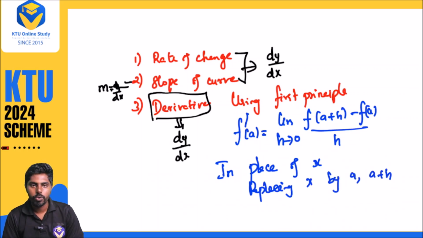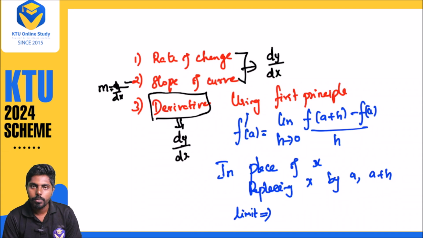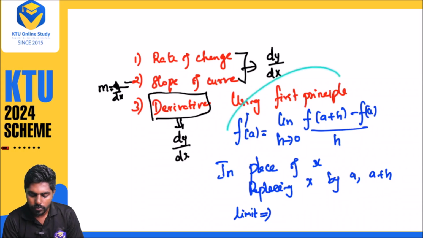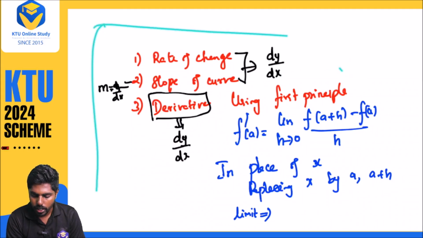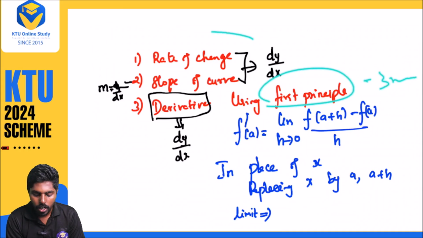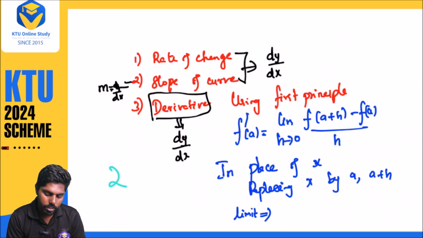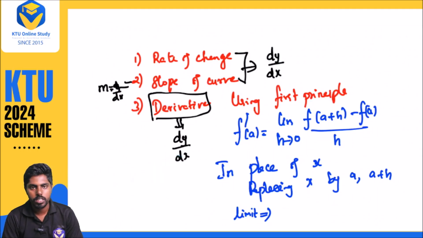Then we identify the limit, either by simplification or by taking the conjugate. Using first principle, you can expect a 3 mark problem. If they ask rate of change, slope of the curve or derivative, you can expect a 2 mark problem. These are the concepts.